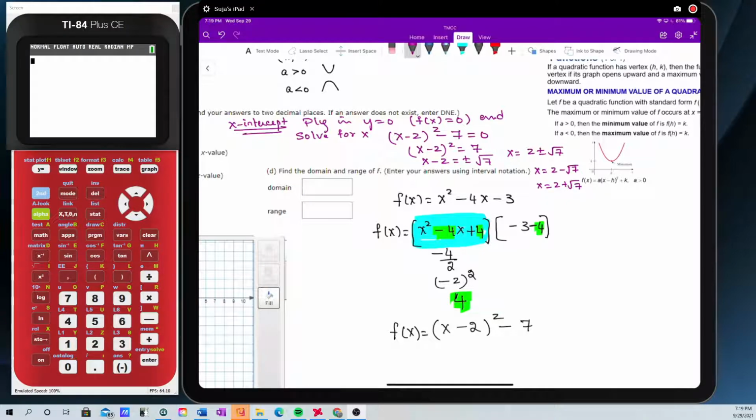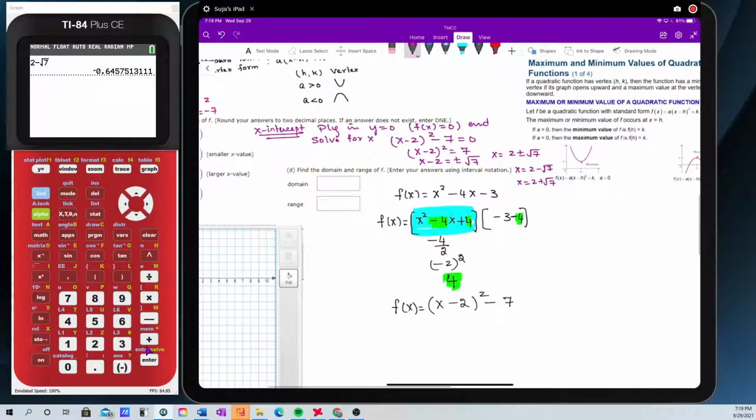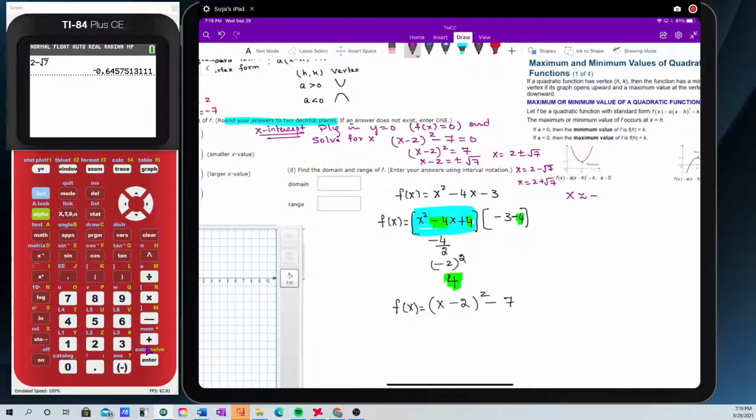Because it's asking to round to 2 decimal places, I'm going to put that in my calculator. 2 minus square root of 7 is negative 0.6457. It says round to 2 decimal places, so x is approximately negative 0.65.